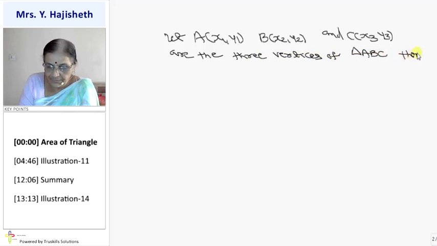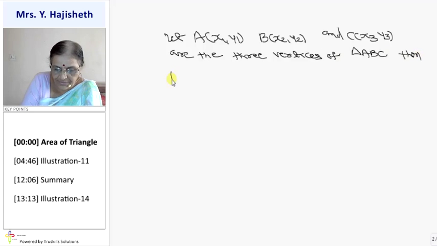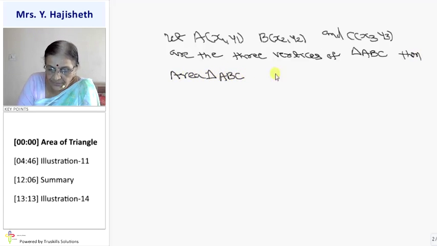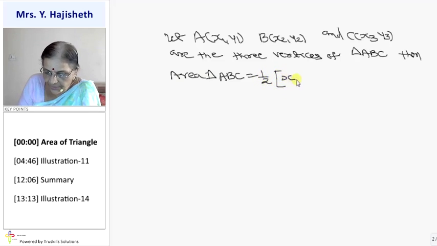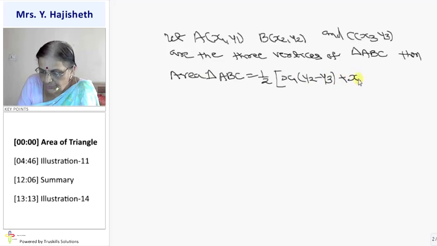Then the area of triangle ABC is 1/2 times in bracket x1 into (y2 minus y3) plus x2 into (y3 minus y1) plus x3 into (y1 minus y2).